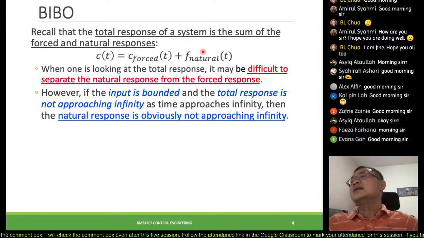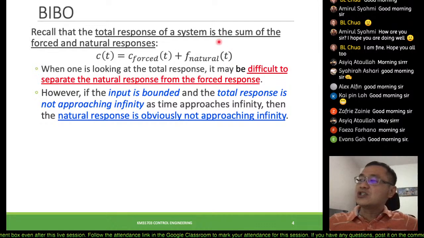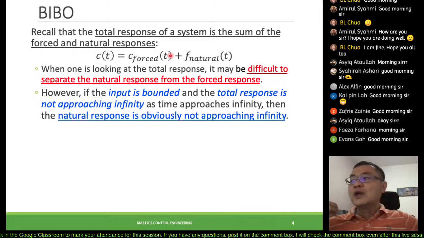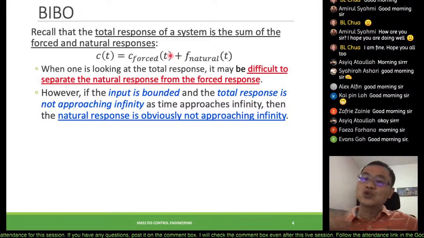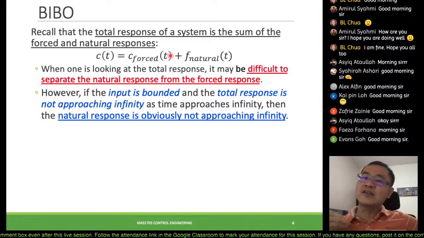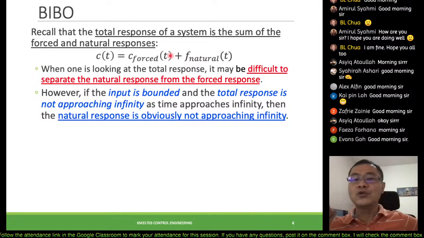But in the definitions we always use this natural response, because the forced response itself is what we control. When we control the so-called input to our system, the type of input we are providing is actually steady. We may give a step type of input or an impulse type of input and so on.